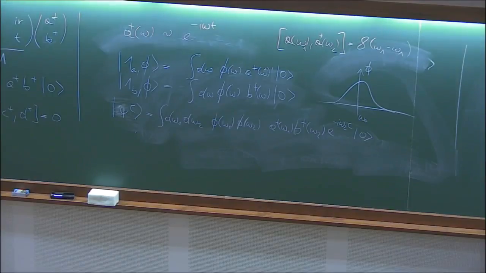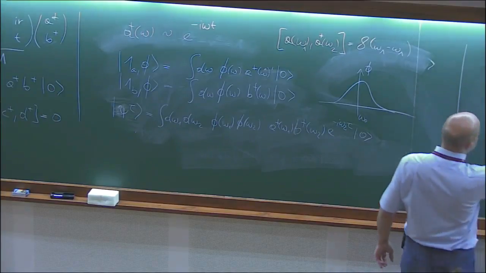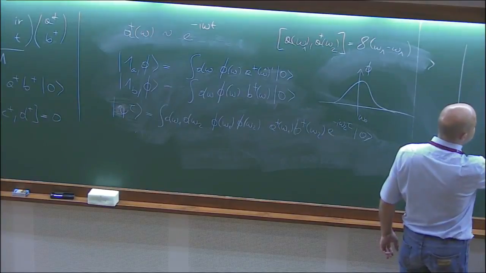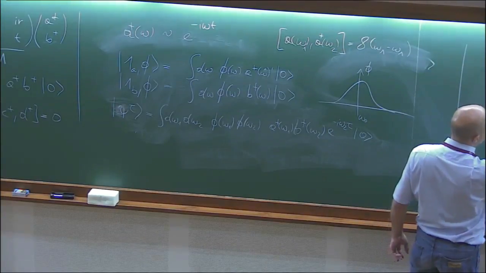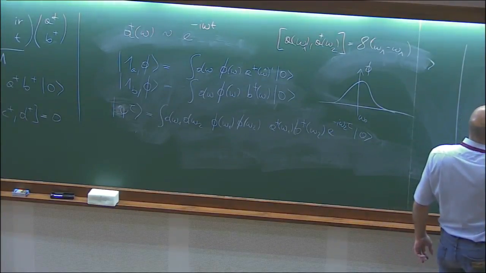But I have to say what I mean here, because I call this 1 bar, which is maybe not ideal. What I should really do is calculate the photodetection probability. I don't know if you've ever looked into photodetection theory. What one should really do is calculate the expectation value of E minus E plus.